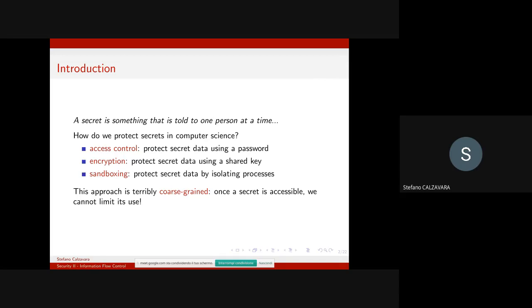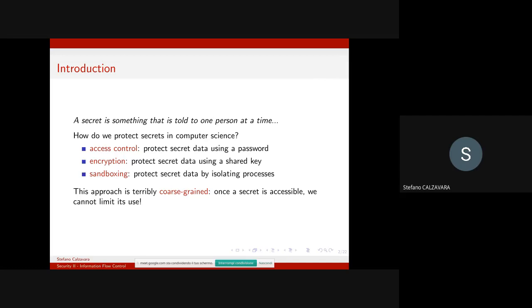Normally, when we want to protect secrets in computer science, we think about, for instance, access control. So we can protect secret data by putting that data inside a private area, which is protected using a password. Or we can use encryption, so that the data is transformed in a way that only if you have a shared key, you're actually able to see the plain text.